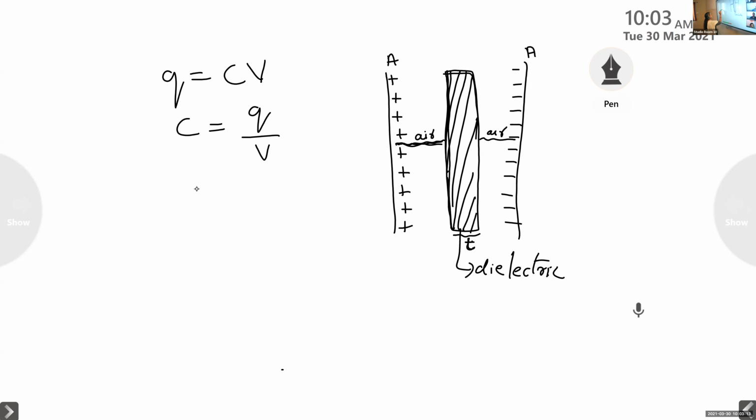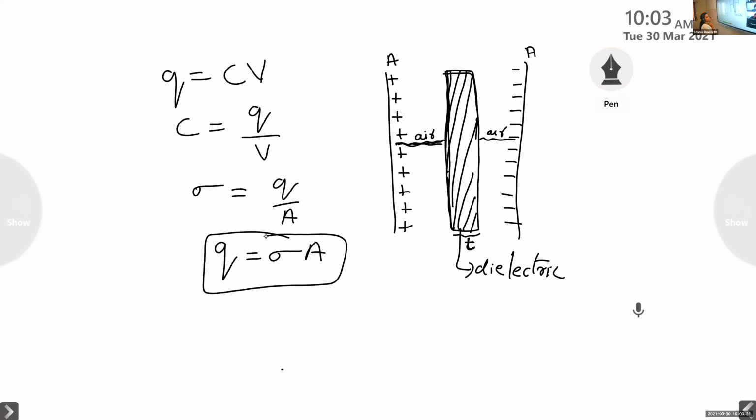So we have the surface charge density sigma is equal to Q by A, or Q is equal to sigma A.